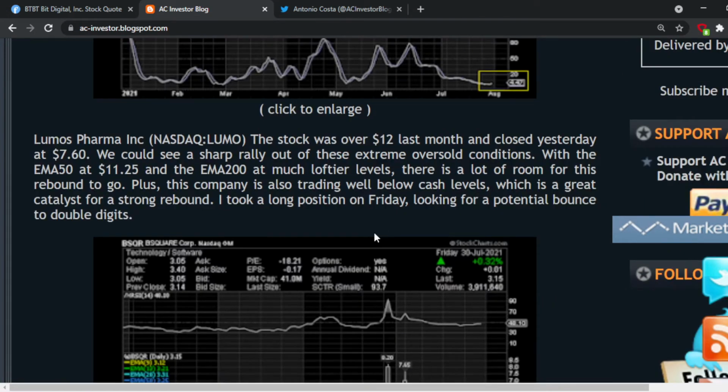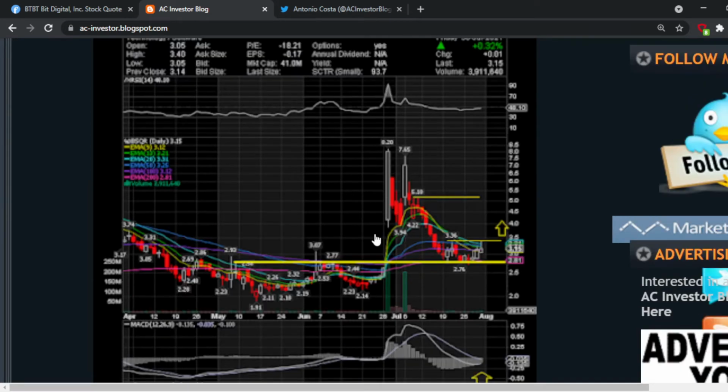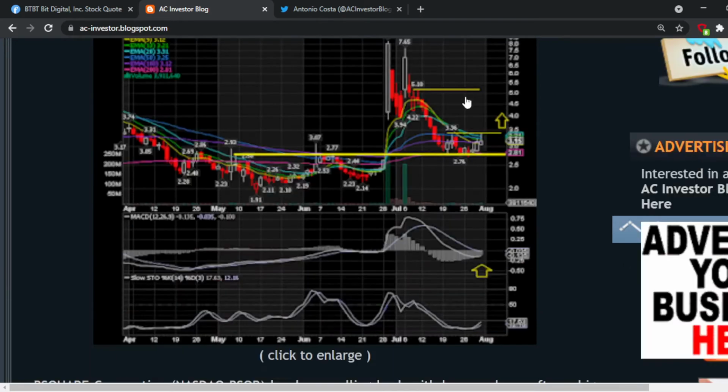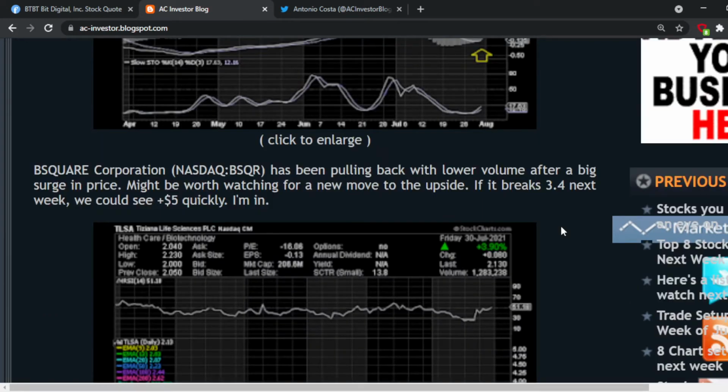There's Lumos, B Square on a pullback, looking for a bounce off a support level. So again, you can see he's drawing support and resistance levels, might give you targets to buy, targets to sell. Oscillators, he's pointing out that looks like a MACD crossover coming. That might be a trigger that you want to use in your trading.